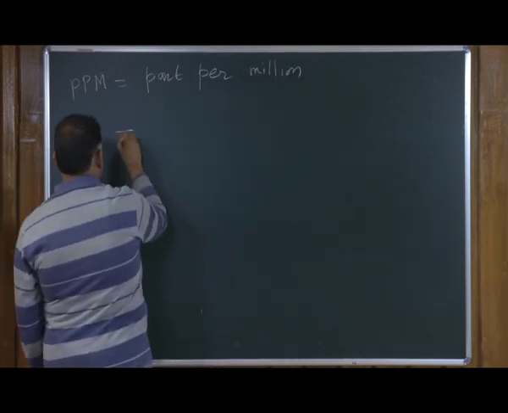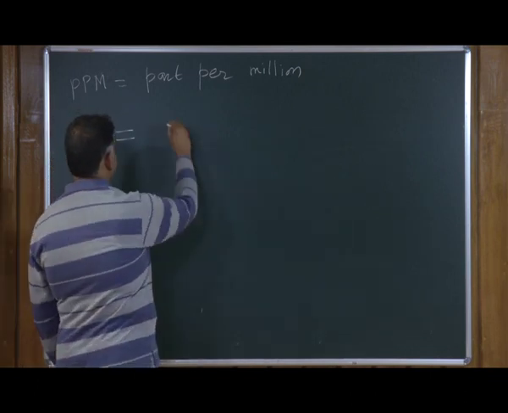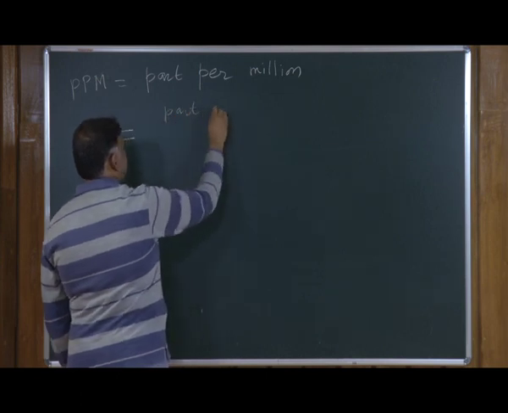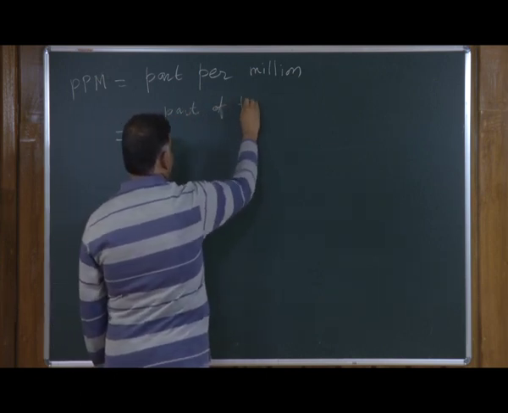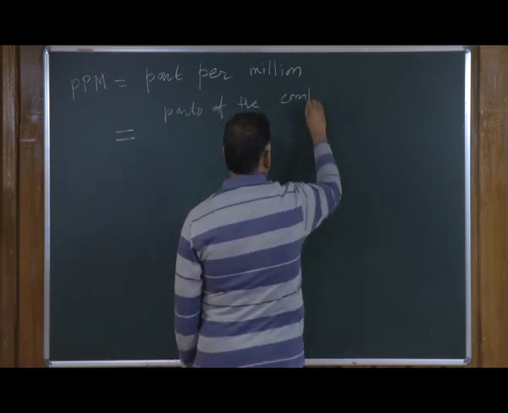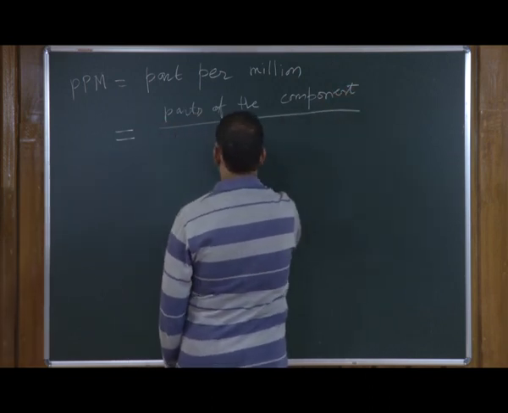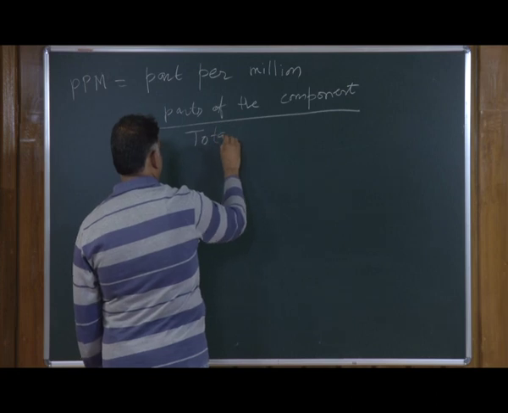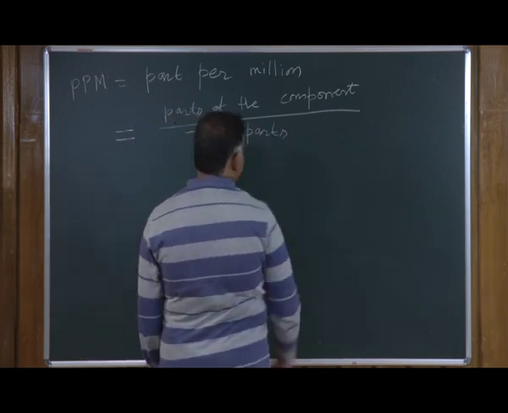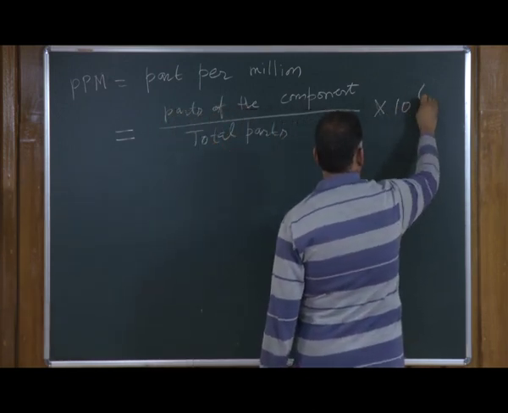So, the definition of this unit is parts of the component divided by total parts. To convert into per million, I have to multiply by 10 power 6.